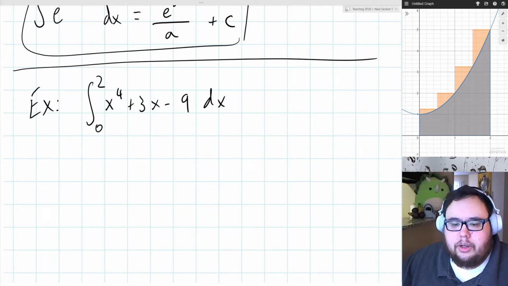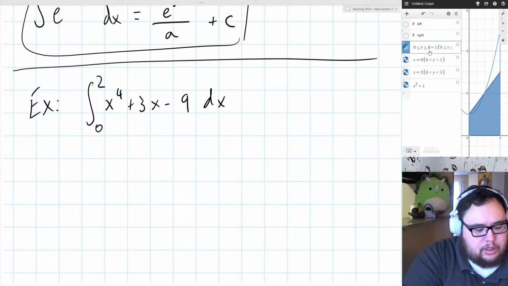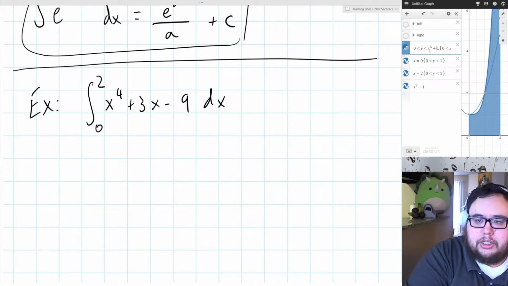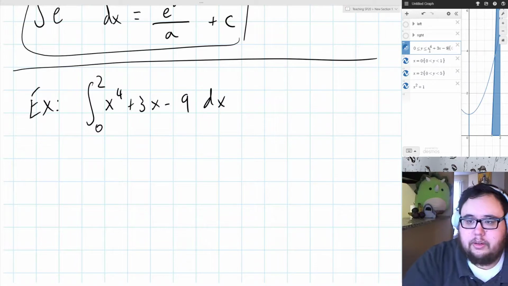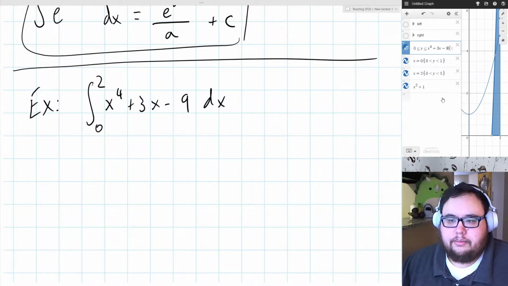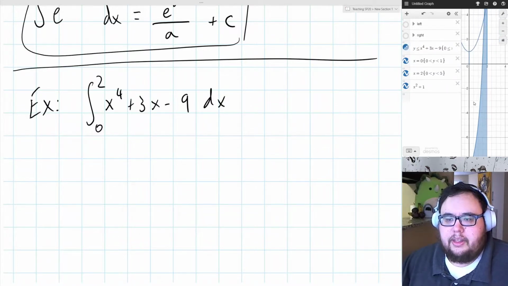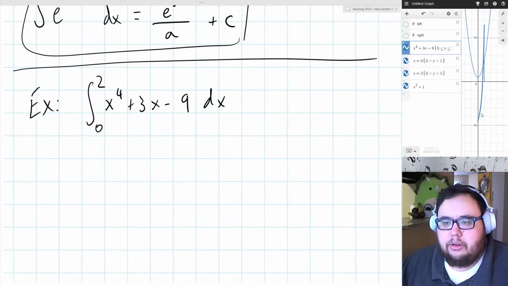So if we wanted to, we could graph that, right? Our function is x to the fourth plus 3x minus 9. And our graph's actually going to be a little bit weird.